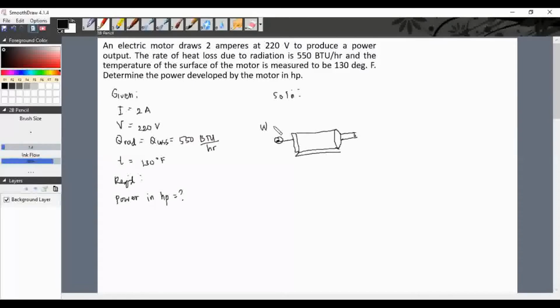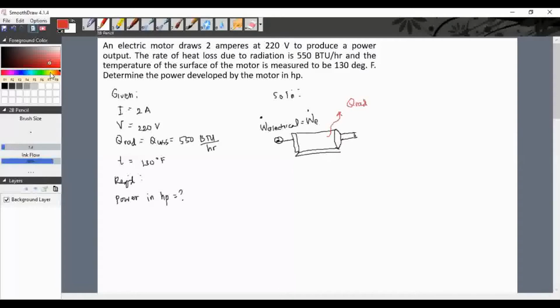Electrical power. Electrical. So gawin na lang natin WE. So yan yung ating power. Electrical. Okay? And then ilalabas daw na heat due to radiation.